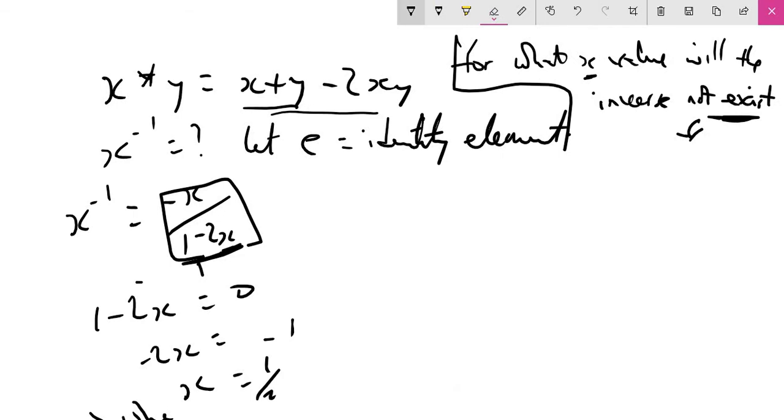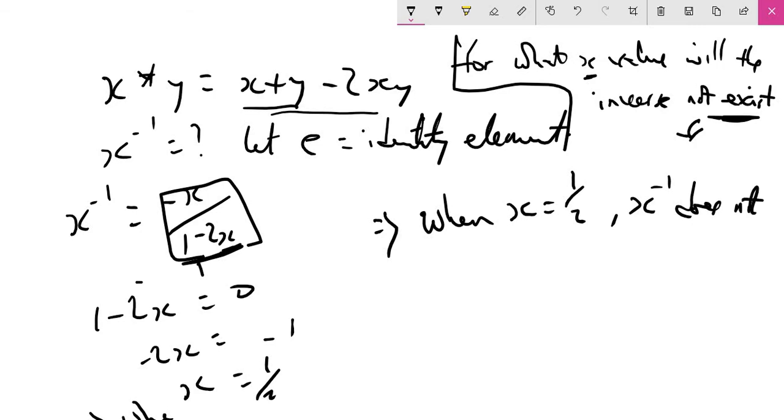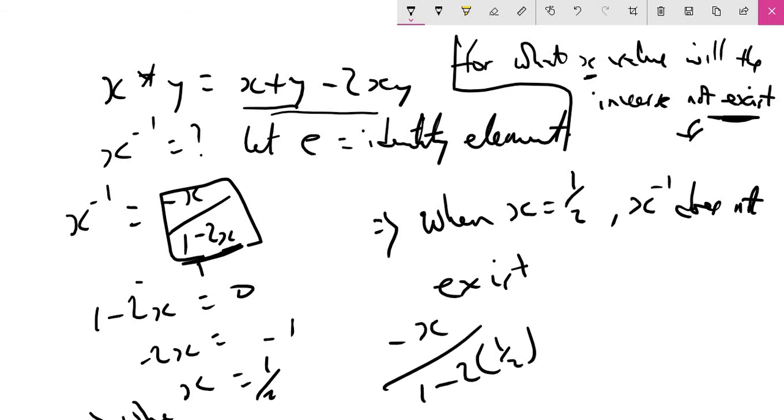So this implies that when x is equal to 1 over 2, x inverse does not exist. And you can try it out. So minus x divided by 1 minus 2 times half.